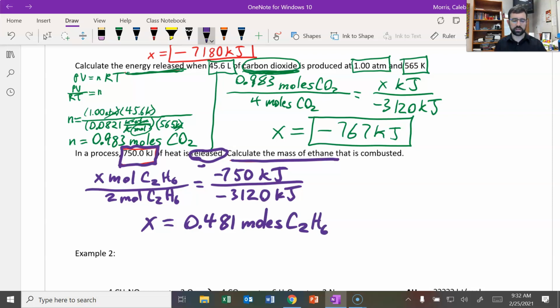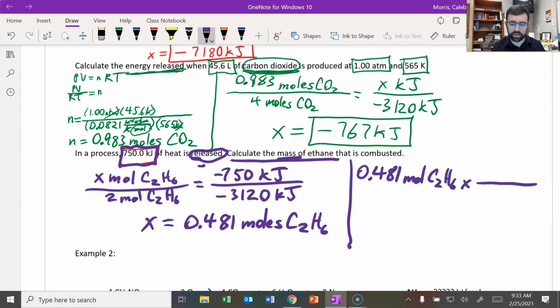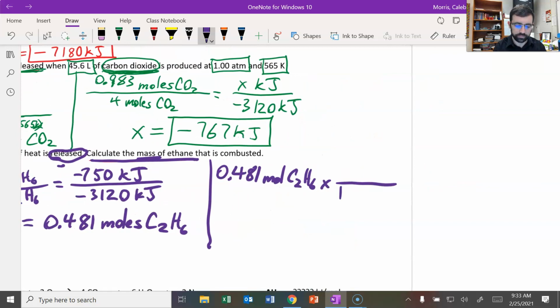Of C2H6, but I was looking for the mass. So I need to do 0.481 moles of C2H6, and we're going to need to multiply by the molar mass. If you needed to do some quick math, you could estimate this. You know that carbon's about 12, hydrogen's about 1, so 6 hydrogens is about 6. 12 times 2 is 24.